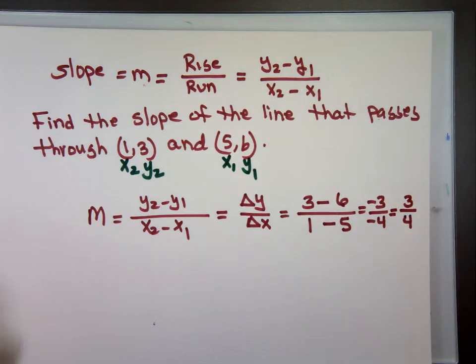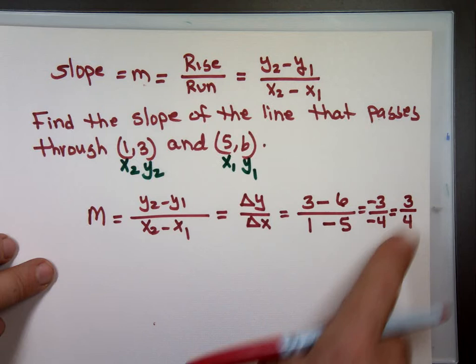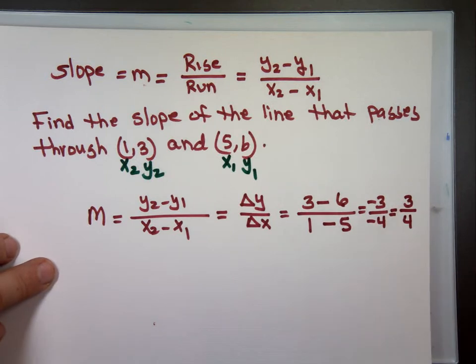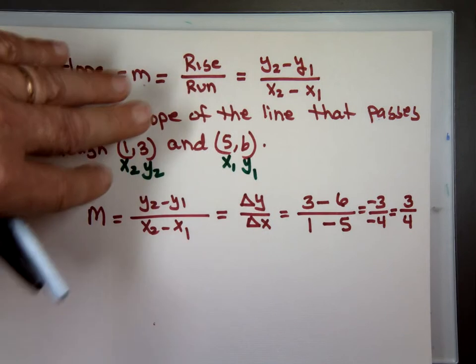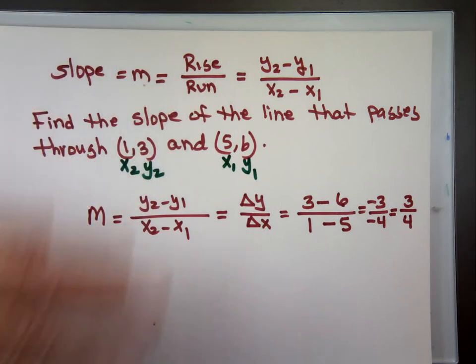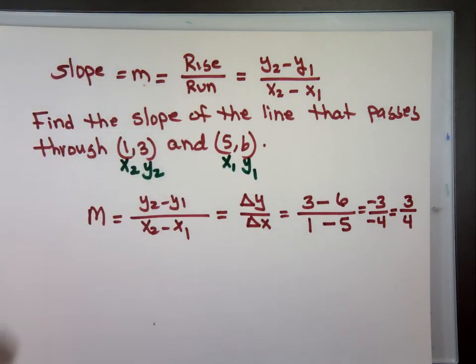That means if we were living in a house that has a slope of 3/4, for every 4 yards you go horizontal, your yard goes up how many? 3. Notice my slope is positive. There's 4 possible outcomes to a slope. These are positive slopes.